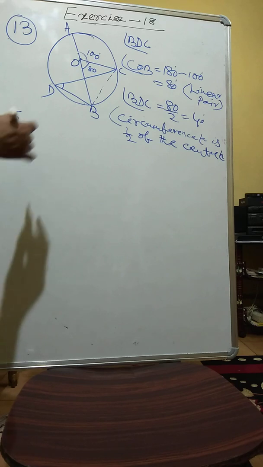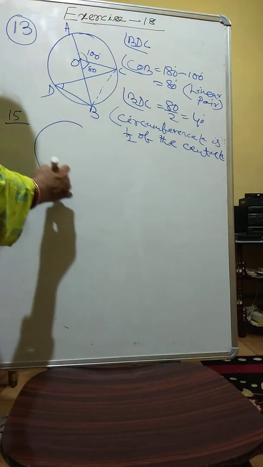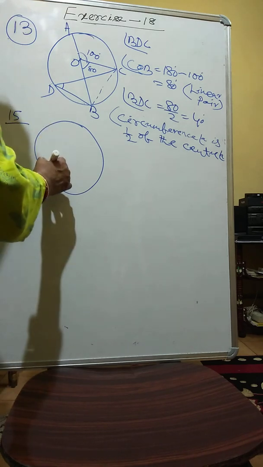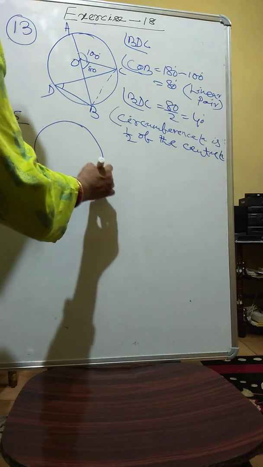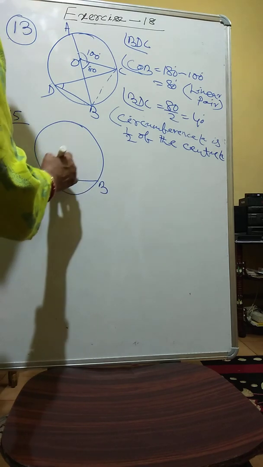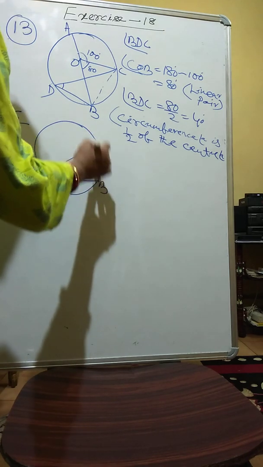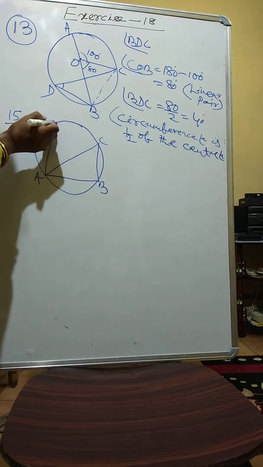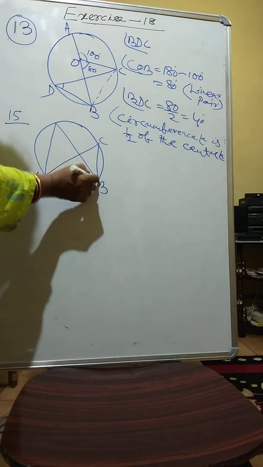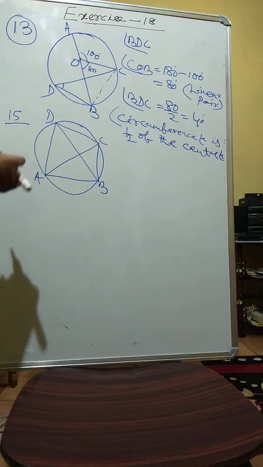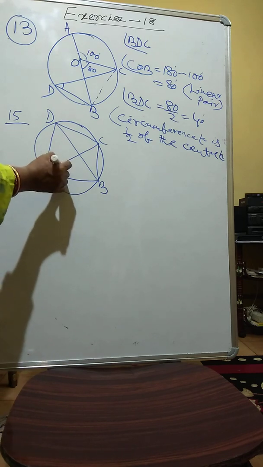15. This is A, B, C, D, join it. This total angle is 65.